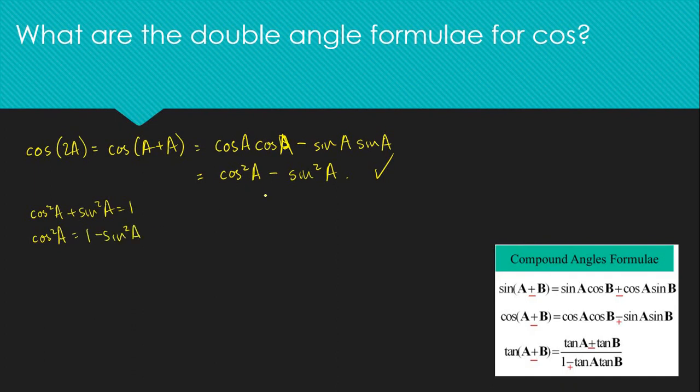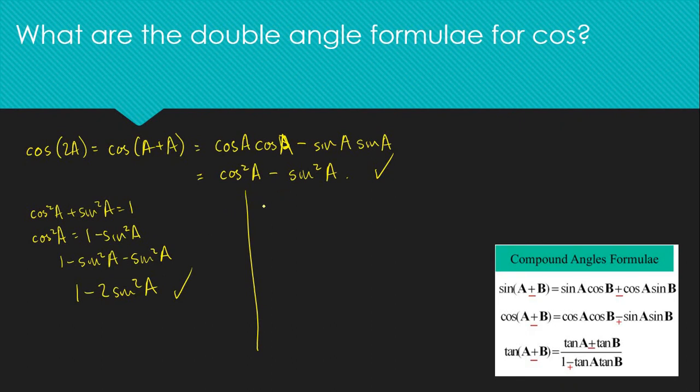Now if we plug that into the double angle formula, we will end up with 1 minus sine squared a minus sine squared a, which is 1 minus 2 sine squared a. Okay, and that is another double angle formula for cos. It's weirdly enough because you've got cos of 2a and this thing only includes sine, which is pretty interesting and very handy, but it's interesting.